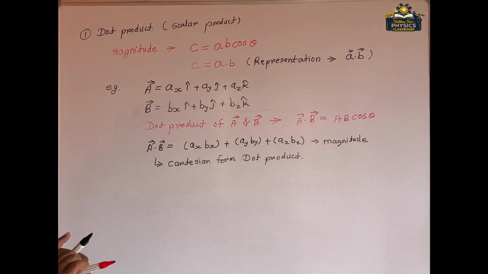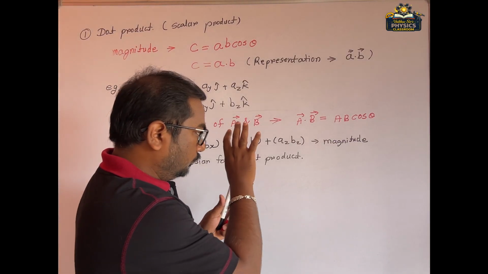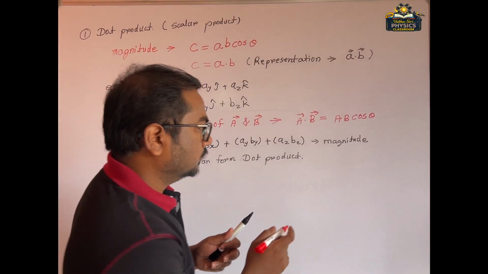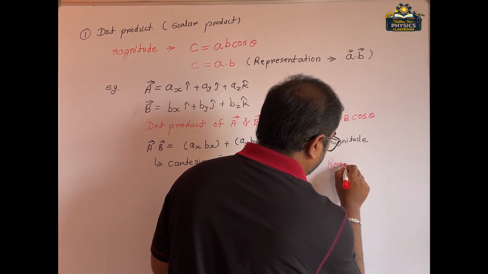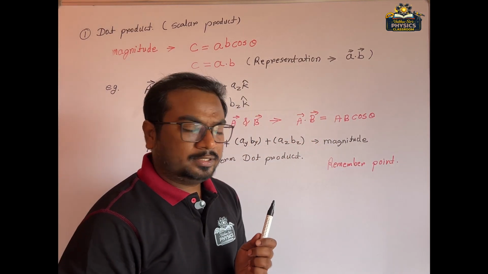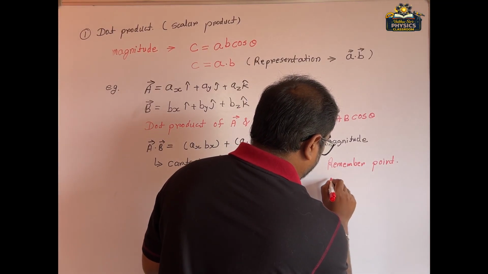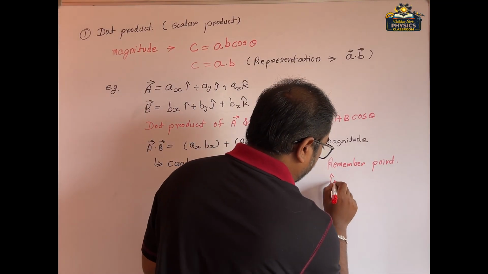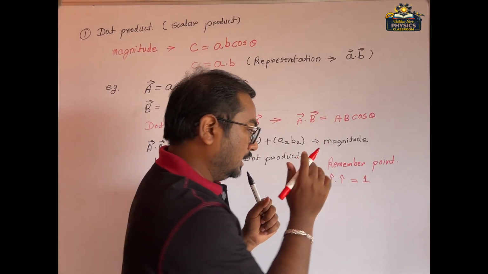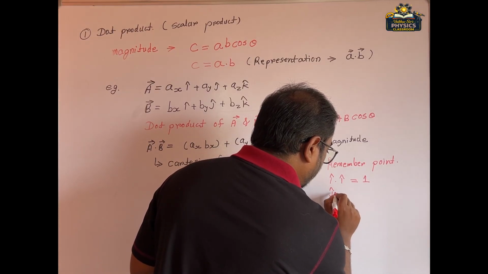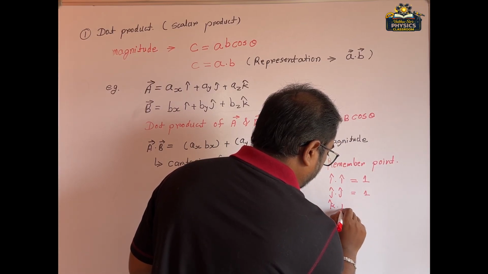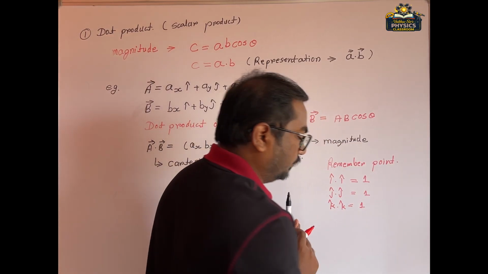All right. So while doing the Cartesian form dot product, we have to remember some particular points. If I multiply i cap dot i cap, we will get 1. If I multiply j cap dot j cap, we will get 1, and k cap dot k cap, we will get 1.